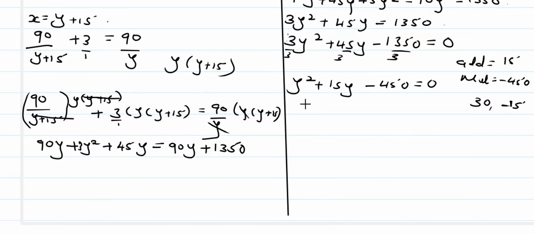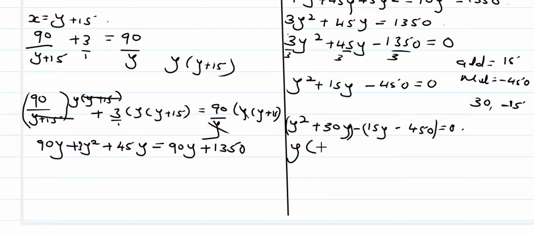So now I factorize those values, which now becomes y squared plus 30y minus 15y minus 450 equal to 0, like that. So I can group them like this. And then here I have y, which is common, so it will be y into y plus 30, which is y multiplied by that.